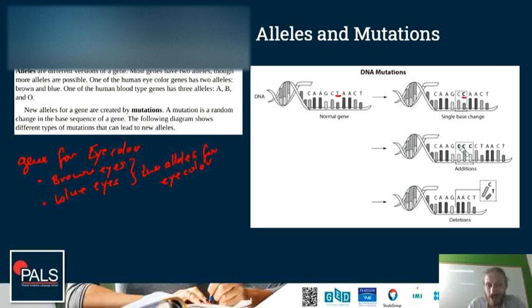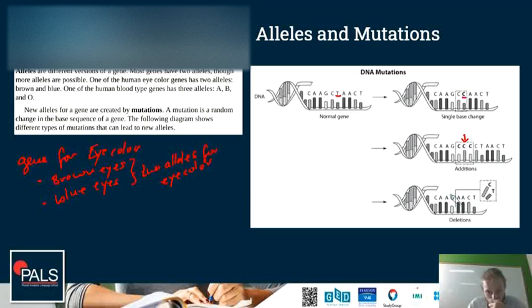We could have an addition of a new base. So we are adding a new base in. Now we can see from here to here, we have a C here and a C here, and we've just added in another C. Or we can have deletions. Certain parts of the DNA sequence can be deleted.